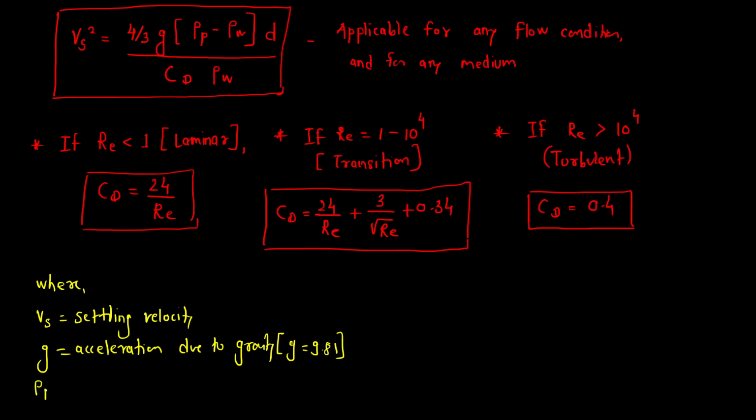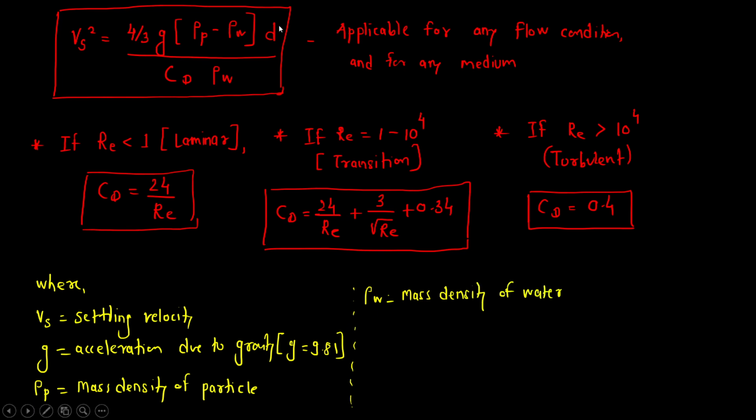So this rho p stands for mass density of particle. Then rho w is mass density of water. This d stands for diameter of particle. Okay, and CD value I have given it here.